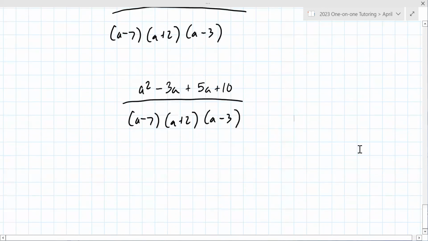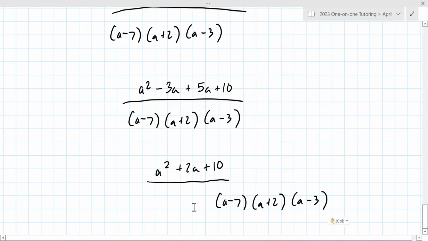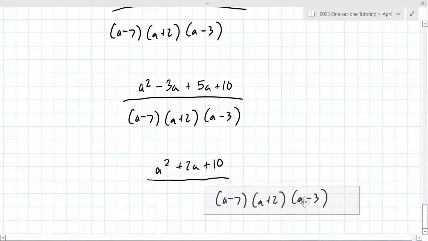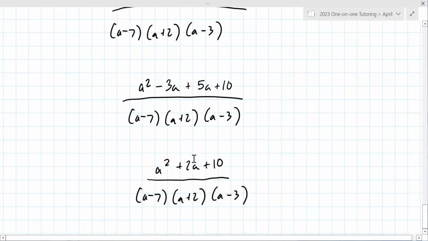In the numerator, you can combine the minus 3a and the 5a. What does that become? 2a. Yep, 2a. And then we've got the bottom again, the same. So you always check whether maybe you can factor the numerator.